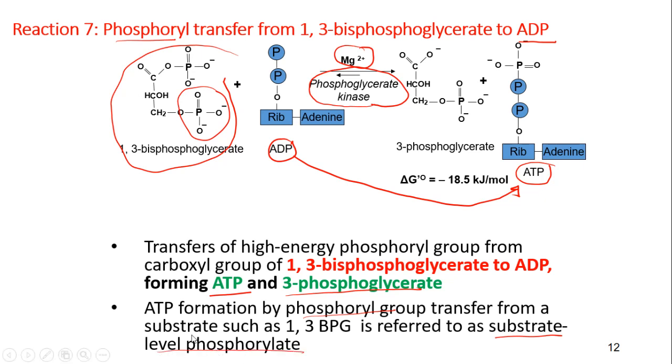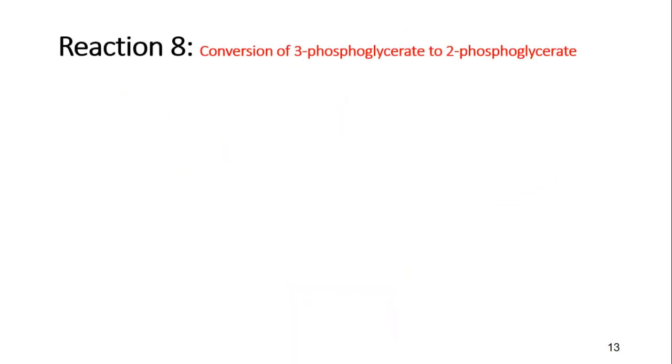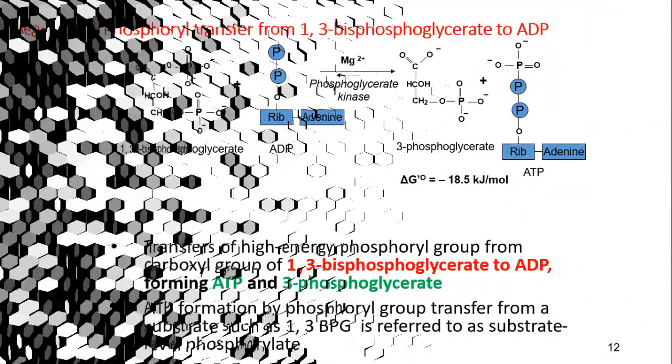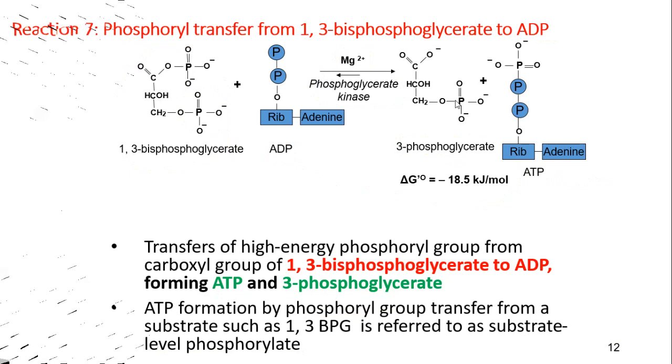Okay, let's quickly move on and look at reaction number 8, which is a simple reaction. This reaction just involves the conversion of 3-phosphoglycerate to 2-phosphoglycerate. Remember, in reaction number 7, there was a formation of 2 molecules of ATP, which we need for energy, and then there is this other molecule which also needs to be converted.